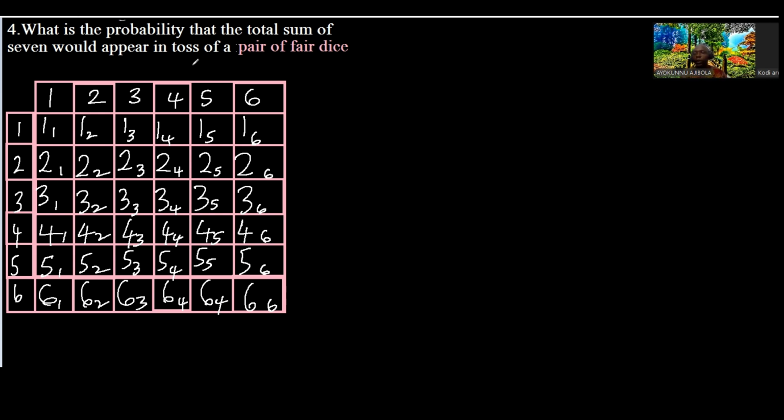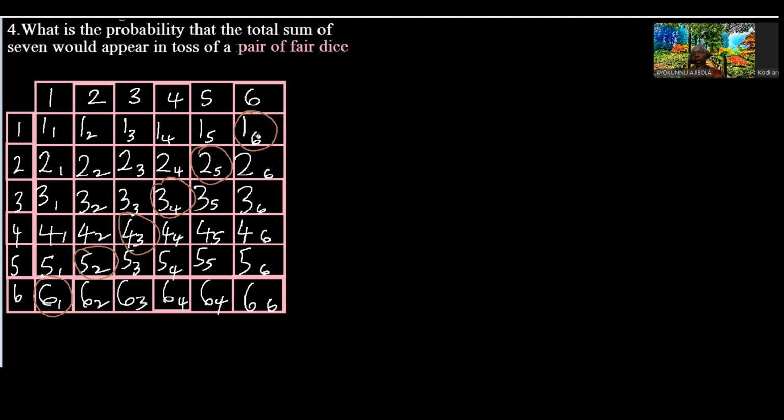Now, the question says, what's the probability that the total sum of 7 will appear? For the total sum of 7, we have 1 and 6, 2 and 5, 3 and 4, 4 and 3, 5 and 2, and 6 and 1. So 1, 2, 3, 4, 5, 6 outcomes. Okay. Yes, sir.